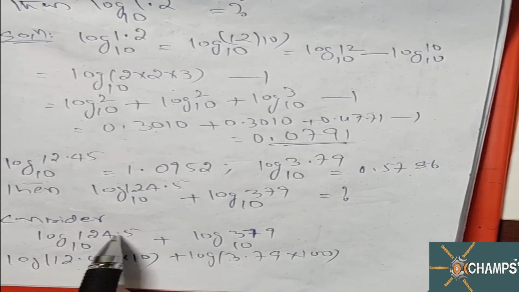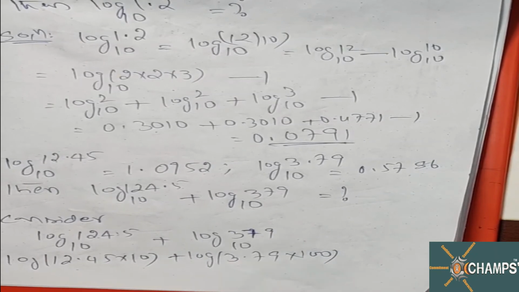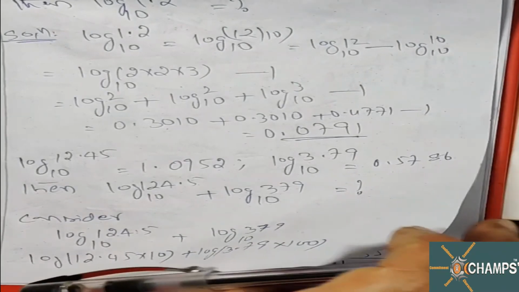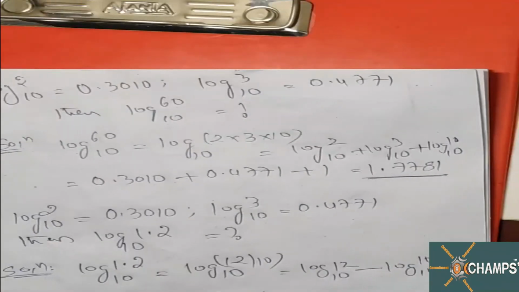Just decimal I shifted one place to the left here, two places to the left here. 3.79 into 100 is 379. 124.5 can be written as 12.45 into 10.